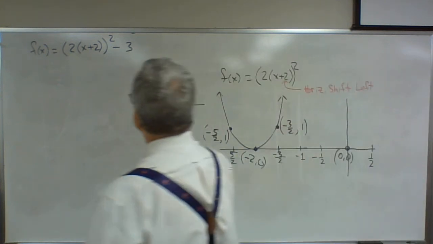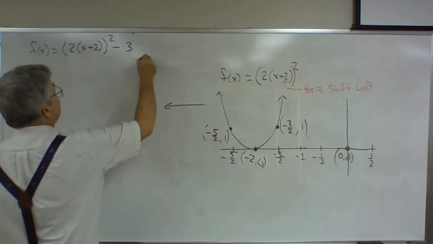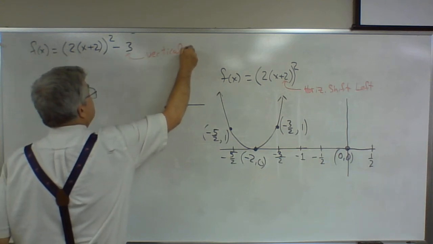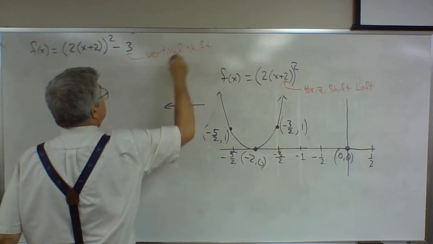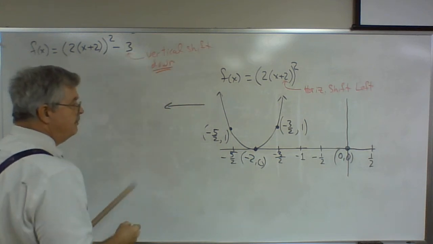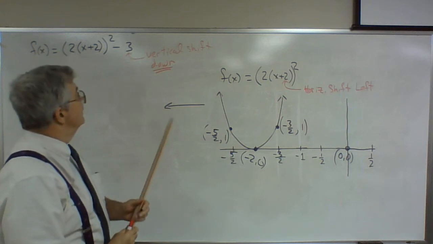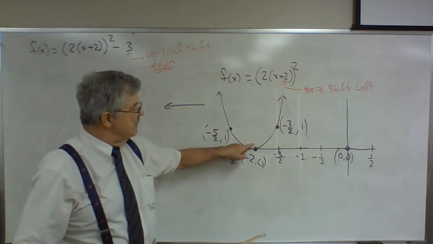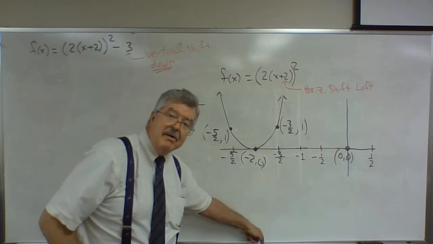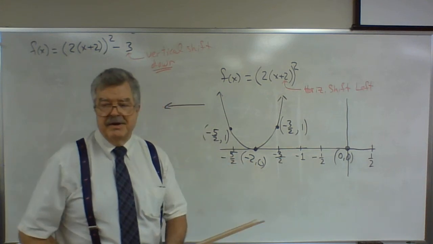And this thing is a vertical shift down 3 units. So we take this son of a gun, every point on this graph, we just move it down 3 units.